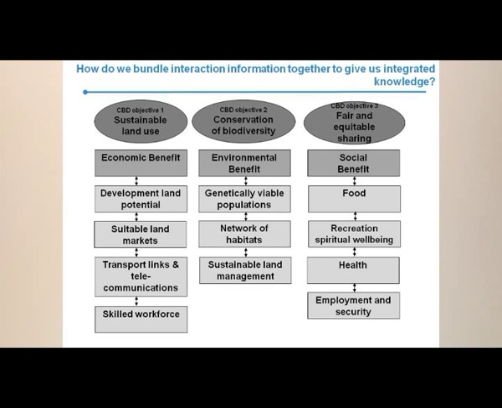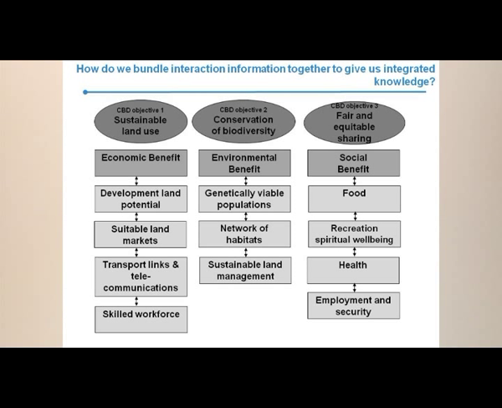And by using these four subheadings, we've tried to amalgamate the knowledge of information we have about economic benefit together. Similarly, with environment benefit, it depends on and is dependent on genetically viable populations, which are in turn dependent on and depend on the network of habitats, the sustainable land use, and where you have management suitable to help these features.